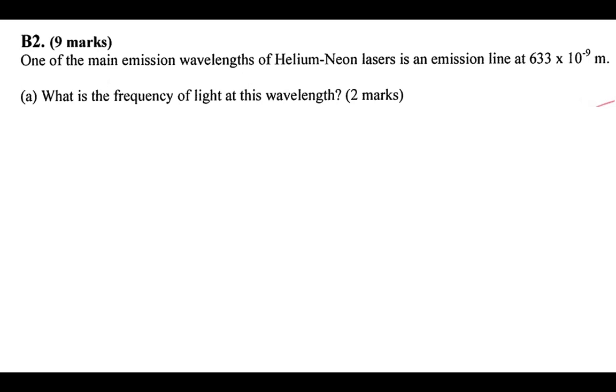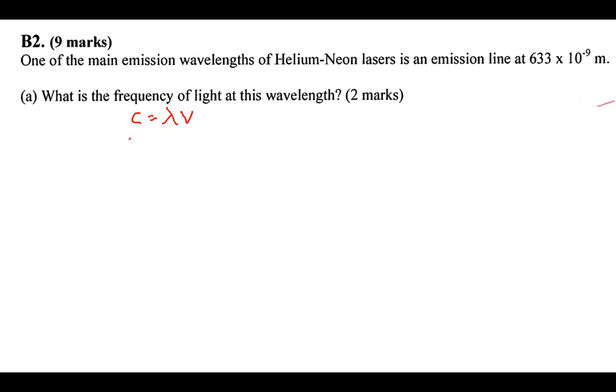So B2. One of the main emission wavelengths of helium-neon lasers is an emission line at 6.33 times 10 to the negative 9 meters. So what is the frequency of light at this wavelength? So in order to calculate the frequency of light at a specific wavelength, you have to remember the formula of c is equal to lambda times v.